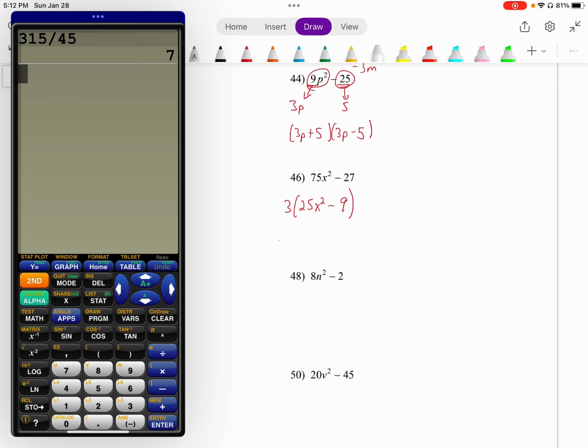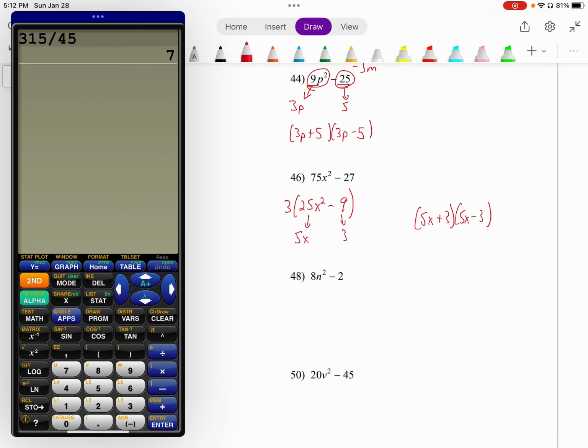Yeah, they're both perfect squares. What squared equals 25x squared? Well, that's 5x. What squared gives me 9? That's 3. So I want to do 5x plus 3 times 5x minus 3.